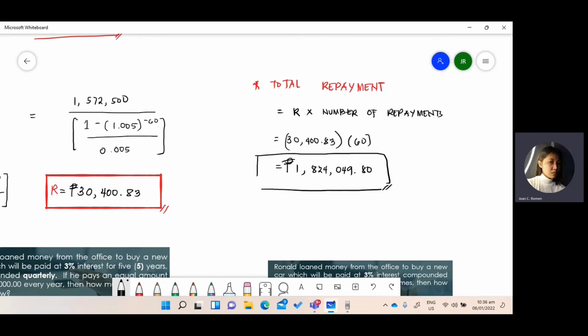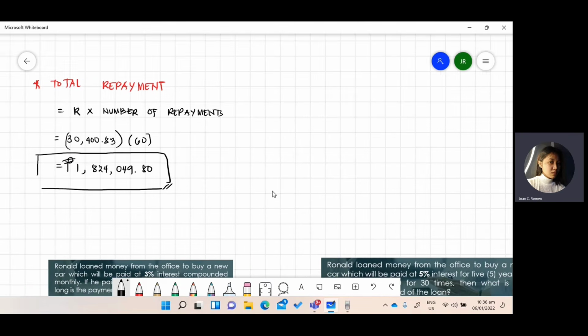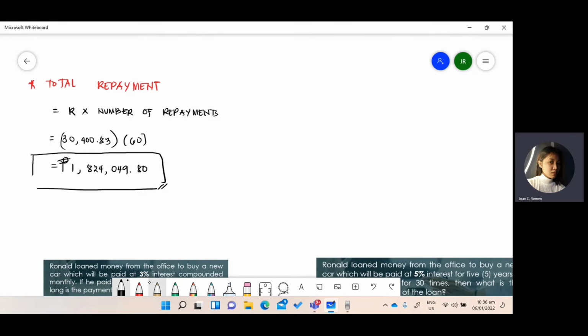Okay? So now, how much will be the total interest? So if this is what you paid within 5 years, how much is the profit, or the interest?